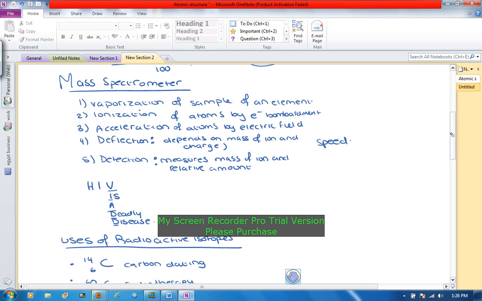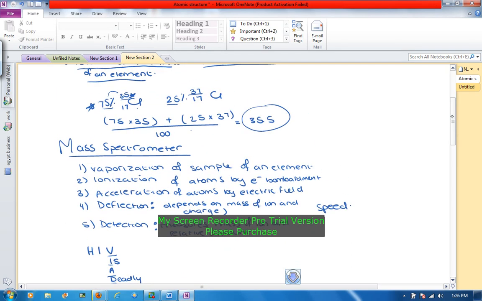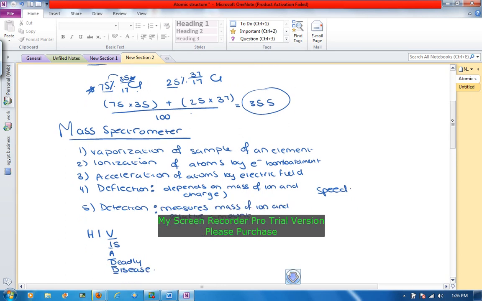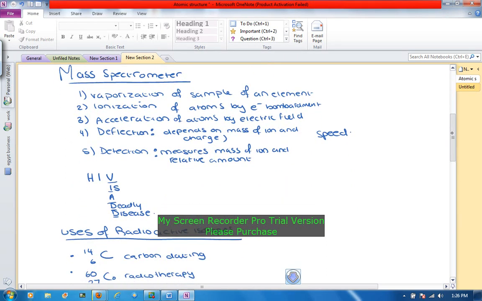The next thing you need to know is how do we know that in a sample there's 75% of chlorine-35 and 25% of chlorine-37? Well, basically, we use a mass spectrometer to calculate this.